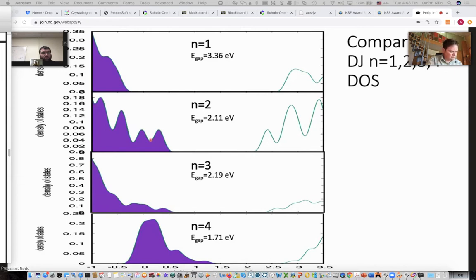So to the question, I think it was Dimitri that mentioned this. If we do the PDOS, your thinking would be that this peak and probably this peak would have some share between lead and chlorine in the n equals 2.